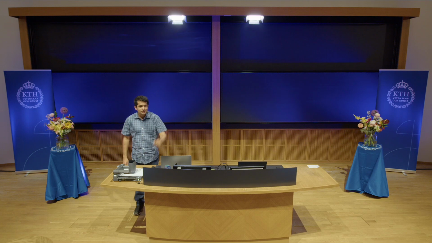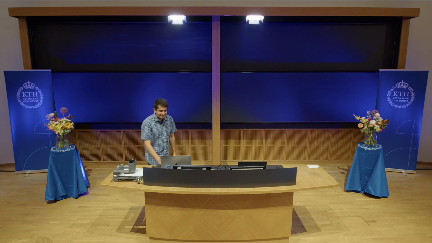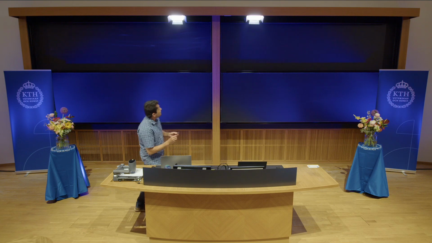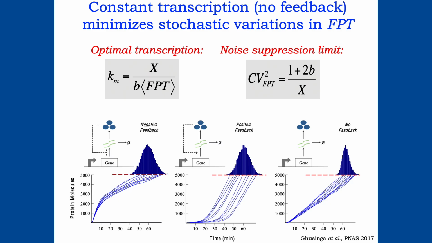Questions? Yes, Mustafa. Can you give us some intuition why the open loop gives you more precision? So we think it's all about that nonlinearity. This is what I think happens: with feedback, you get this nonlinear increase, right?